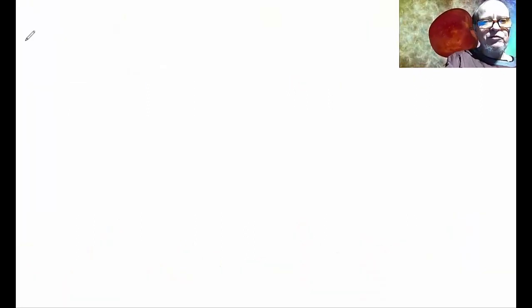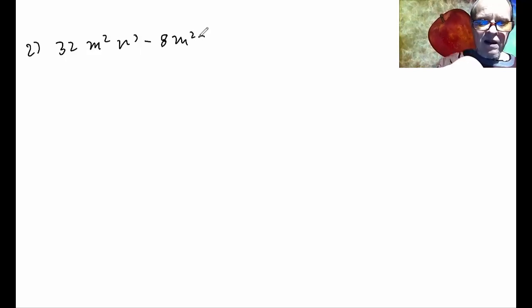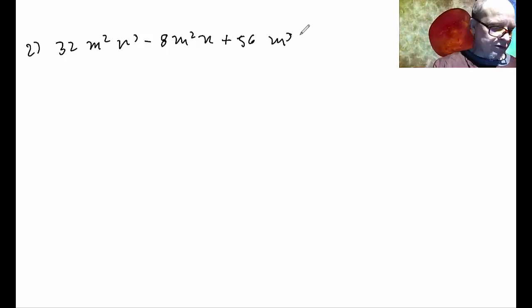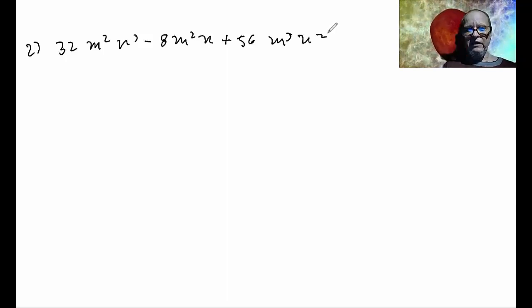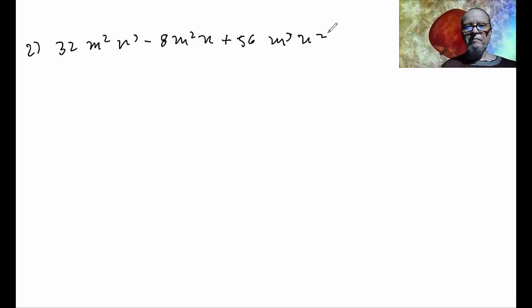In example number 2, we have 32 m squared n cubed minus 8 m squared n plus 56 m cubed n squared.